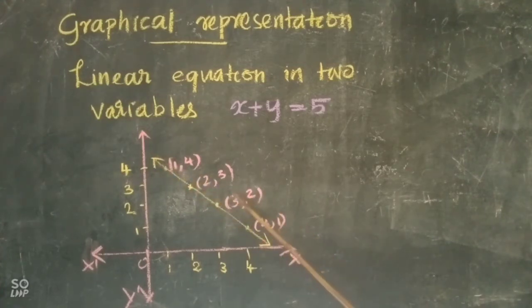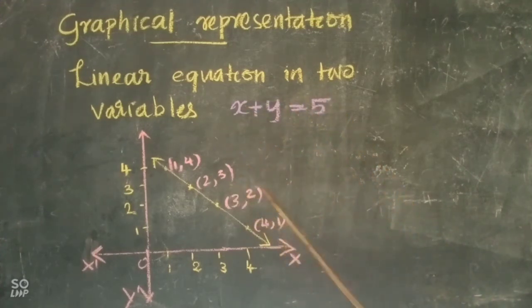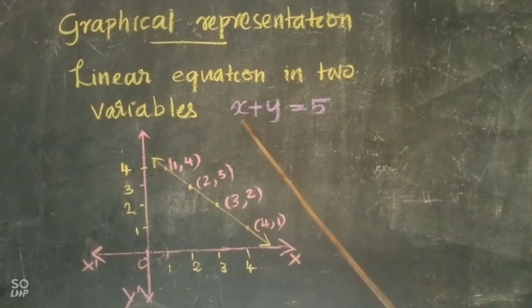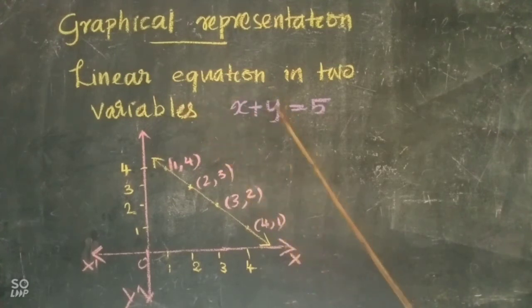If we substitute 3, 2 in this equation x plus y equal to 5, x is 3 and y is 2, so x plus y is equal to 3 plus 2 equal to 5. We get the equation is true. So 3, 2 is also a solution, 4, 1 is also a solution. So all the points on this straight line are solutions for this equation x plus y equal to 5. So we can conclude there are infinitely many solutions for a linear equation in two variables.